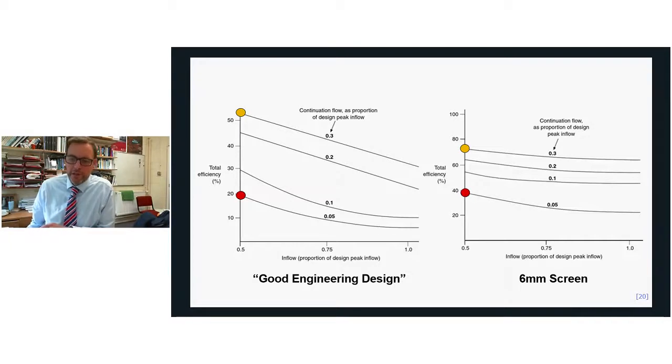So if we look at a CSO running at 50% of the peak inflow capacity, so that's right here, it'll be just over 50% efficient for good engineering design. But with the screen fitted, it's almost 80% efficient, or between 70 and 80% efficient. So that's quite a jump in standard, which is quite good.